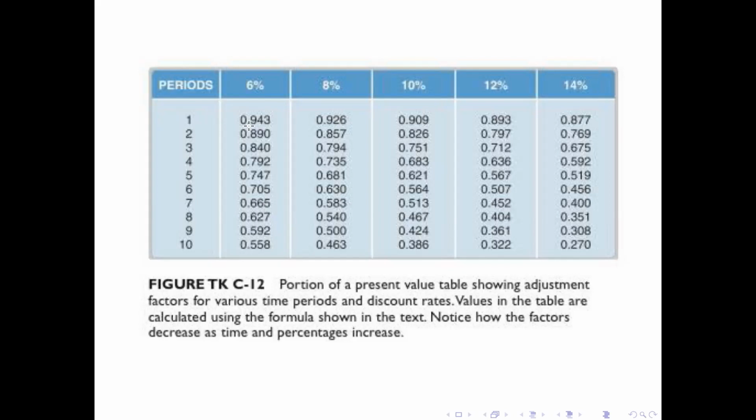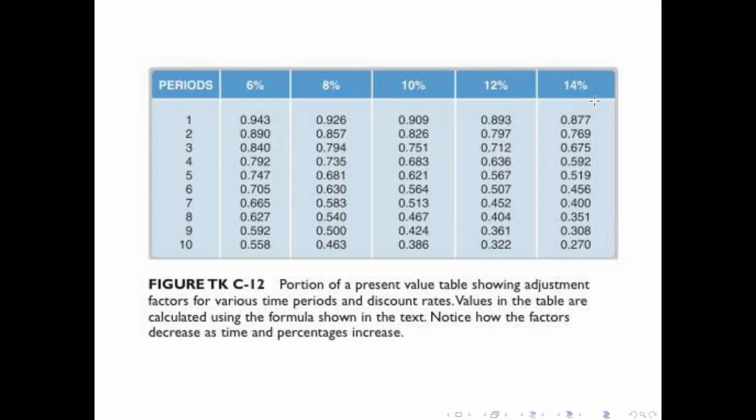How do you get this? To get $1, this is the amount that you need, that is 0.943. If it is 8%, what you need is 0.926. If it is 14%, this is what you need, like 0.877.